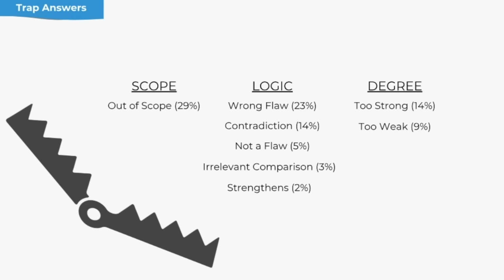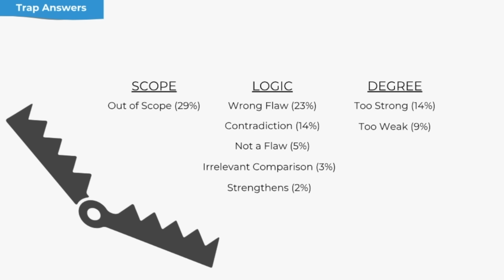Okay. When we look at flaw questions, generally speaking, 29% of the wrong answers can be described as being out of scope. 23% of the wrong answers can be described as describing the wrong flaw. 14% of wrong answers can be described as contradicting the information in the argument. 5% can be described as simply not a flaw.